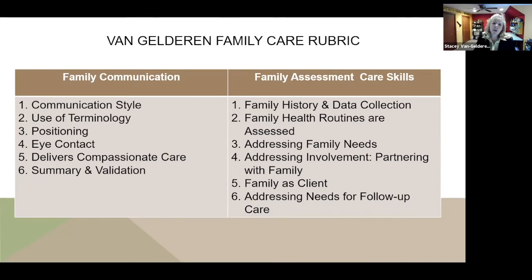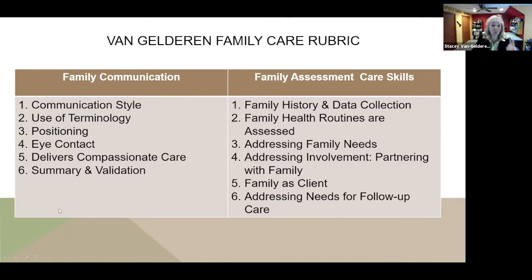We feel that all 6 of the family communication constructs can be measured each time a learner is interacting within a simulation setting or within a family encounter in practice. Whereas an evaluator should be more purposeful about which of the family assessment skills should be measured for each scenario.